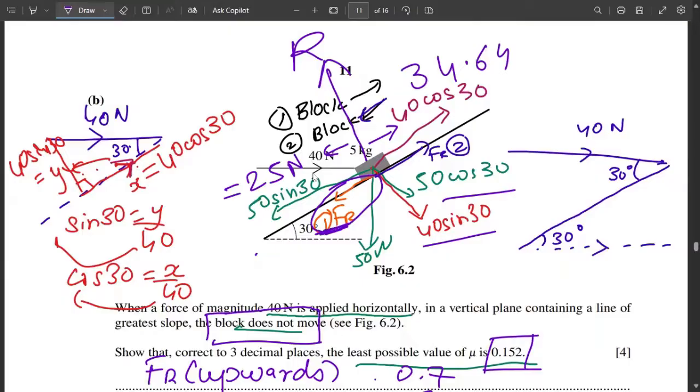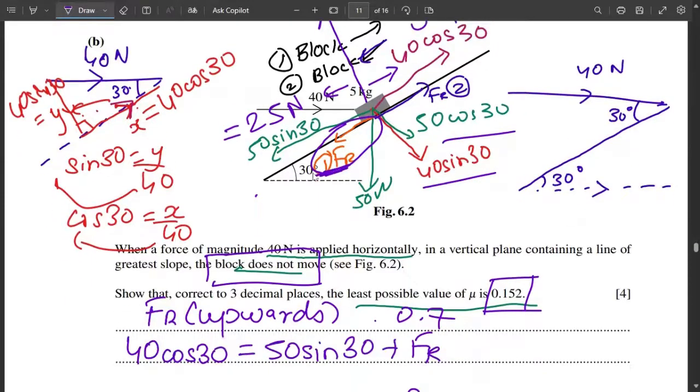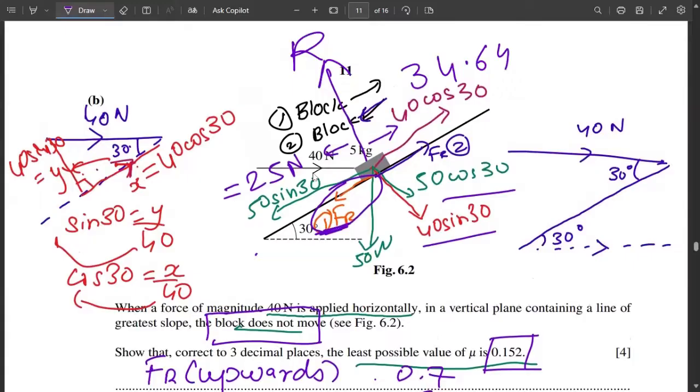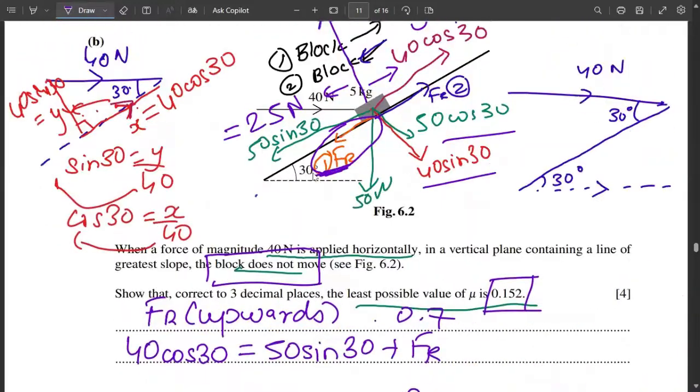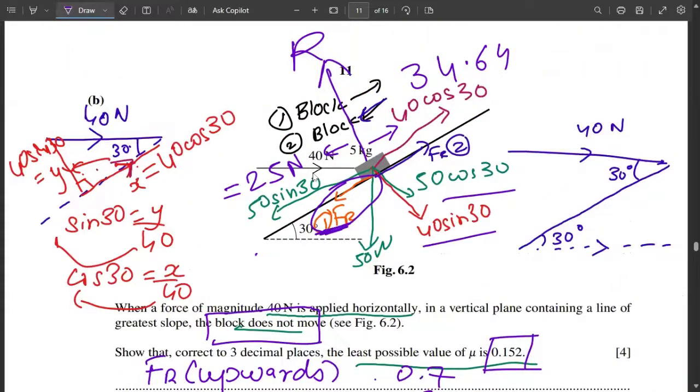So if upward force is 34 and downward force is 25, then it is quite obvious that FR will act downwards only. If you would have considered FR to be upwards, then you would have gotten a negative answer, because some negative value plus 34.64 will give us 25. We can't add something to 34 and get 25.